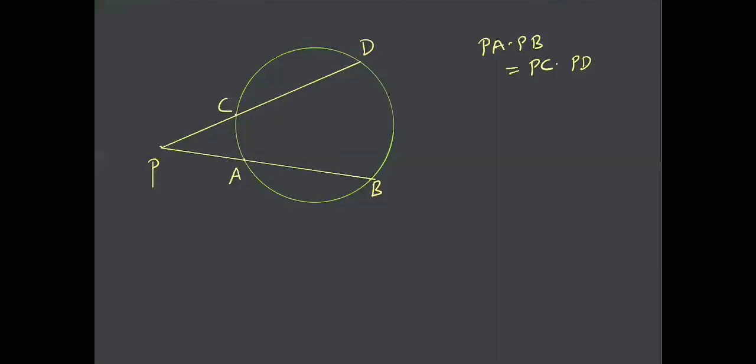Now let us say from an external point P, you are drawing two secants to a circle. One secant is cutting the circle at points A and B, and the other secant is cutting the circle at points C and D. So then I can say that PA into PB is PC into PD.